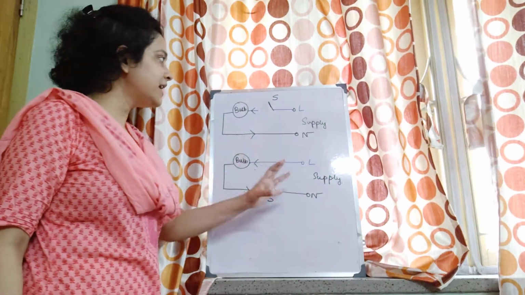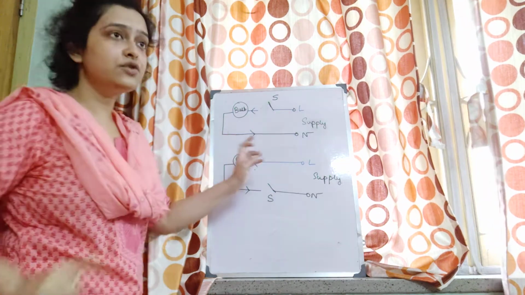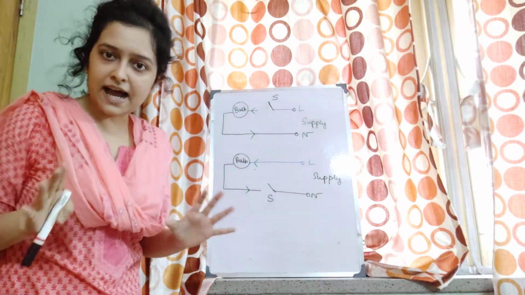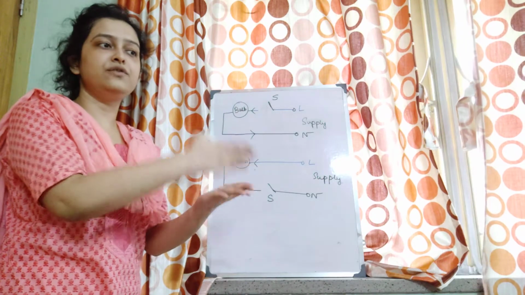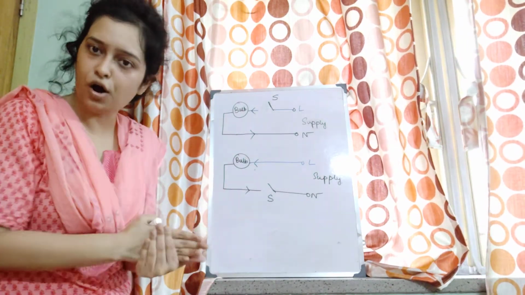That's why we always connect the switch with the live wire, so that it can disconnect the connection with the high potential wire when the switch is off.